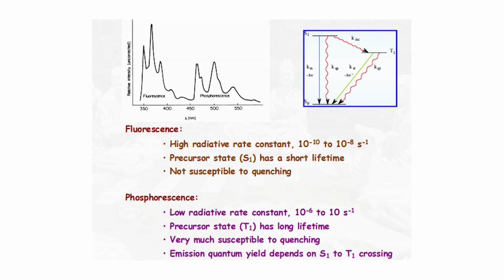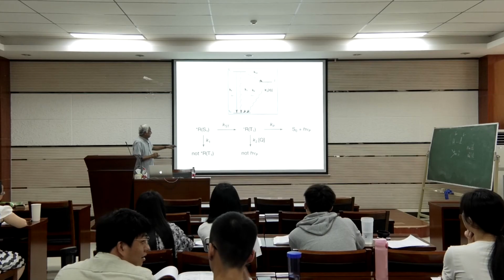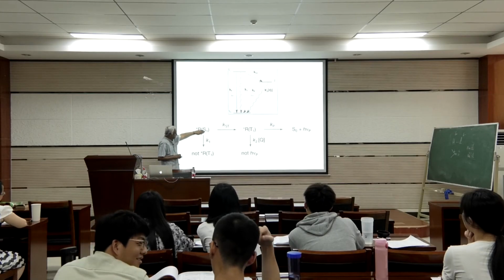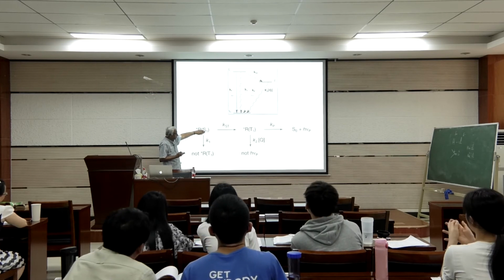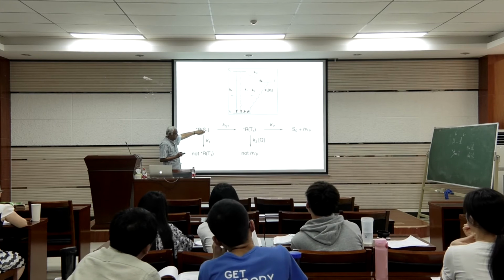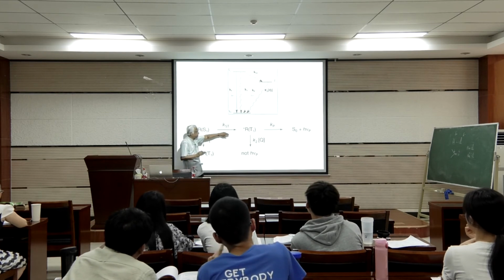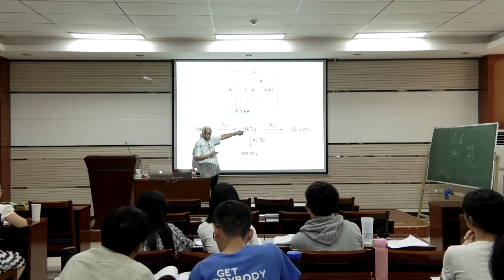So here, you have a singlet, and the singlet is undergoing intersystem crossing to the triplet, and then the triplet is going to emit light, that is going to be phosphorescence.